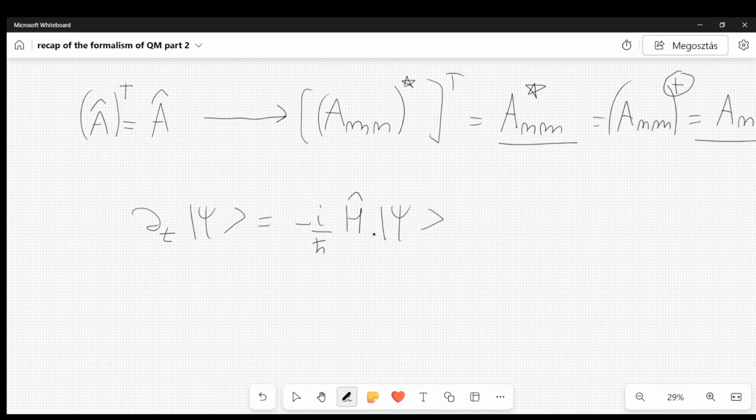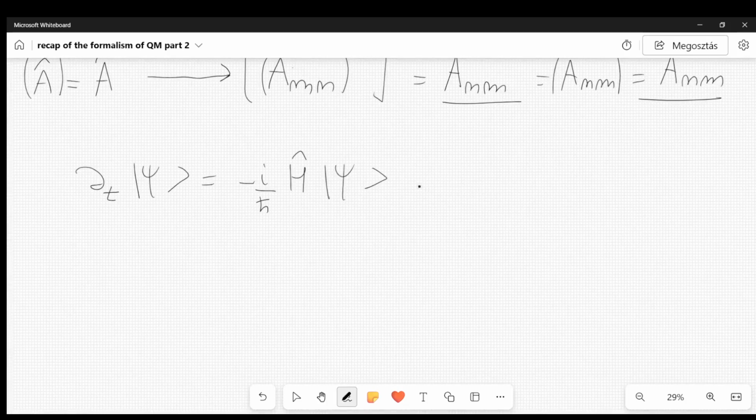Now we can rewrite the ket psi according to its usual expansion that we wrote earlier. So we can rewrite this as minus i over h bar. So this Hermitian operator is the Hamiltonian, and indeed it's Hermitian because its eigenvalues are real, not complex.